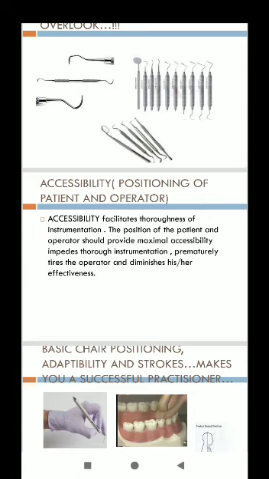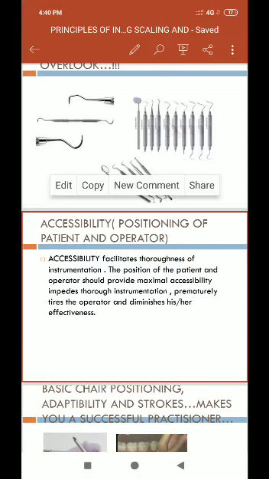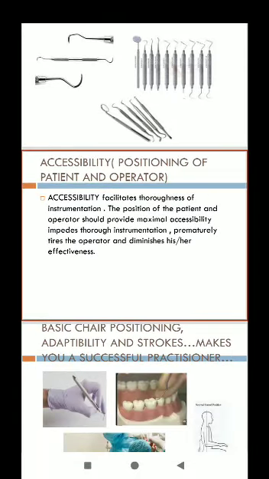Proper accessibility facilitates thoroughness of the instrumentation, and the position of the patient and the operator should provide maximal accessibility, which you can see through your vision during instrumentation. If it is not followed strictly, the operator gets tired and their effectiveness diminishes.